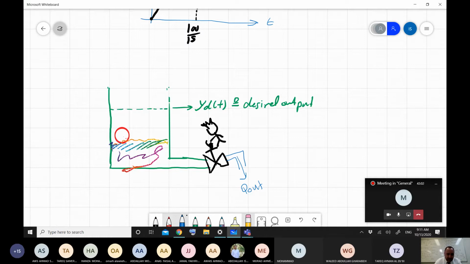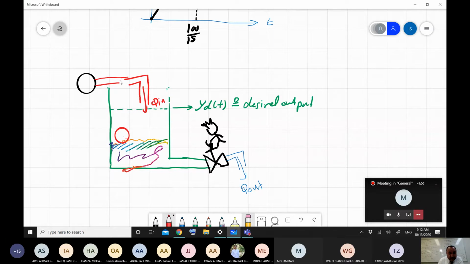Here I have the inlet pipe, and I need to control the flow, which is the Q in.